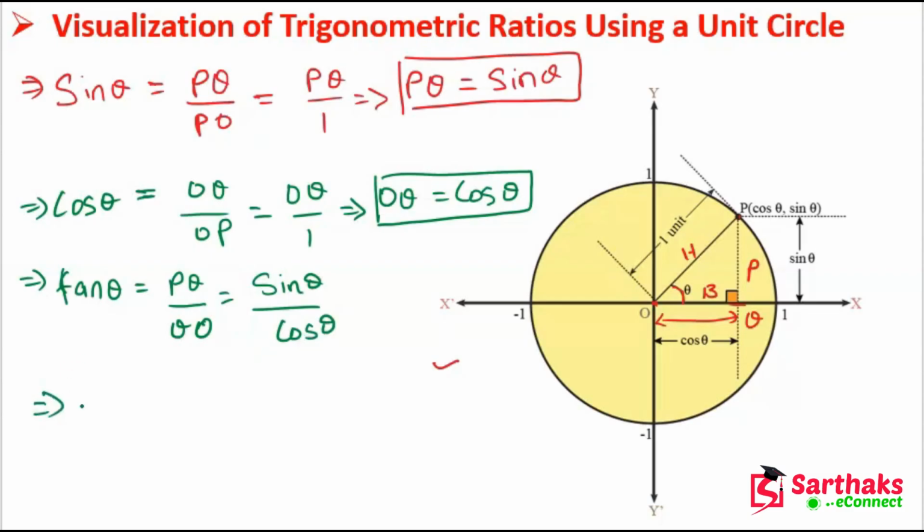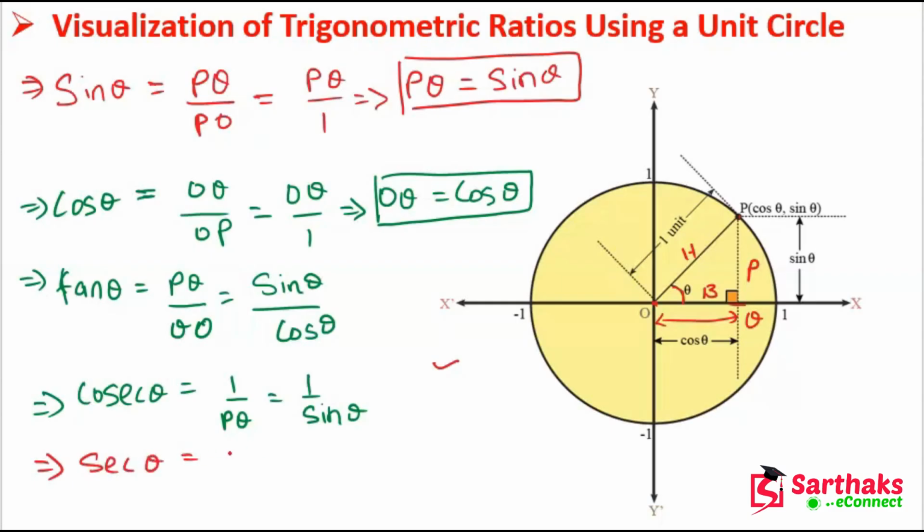Now we have to find cosec theta. Cosec theta is hypotenuse upon perpendicular. The hypotenuse is 1 and the perpendicular is PQ, so it is 1 upon sin theta. What is sec theta?